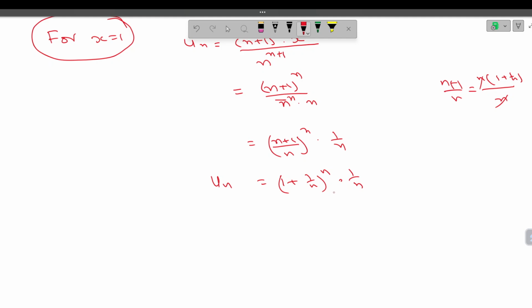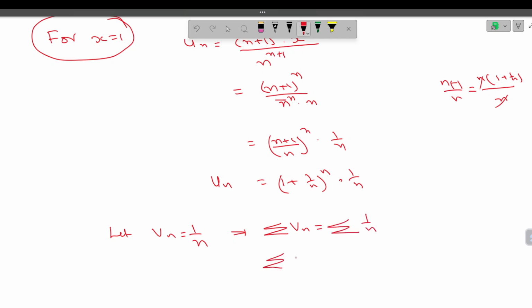So many tests are there, go apply the test. Okay, let's go with that. So let v_n equal 1 by n. Summation v_n equals summation 1 by n.